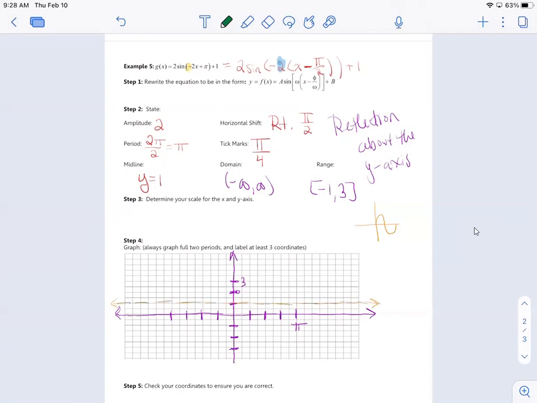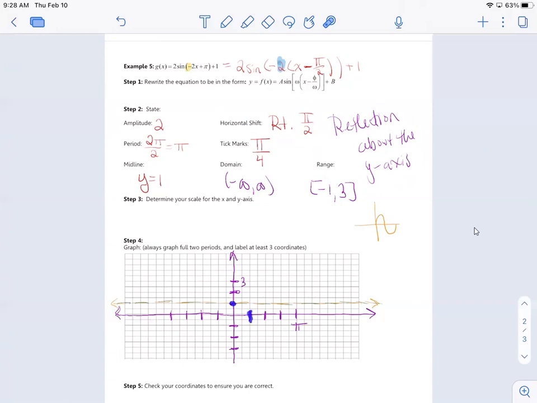All right, so sine starts at my midline, okay? I do want to reflect about the y-axis, but I am on the y-axis, so that doesn't go anywhere. Then I have to shift right pi over 2. So here I am, but I have to go right pi over 2.